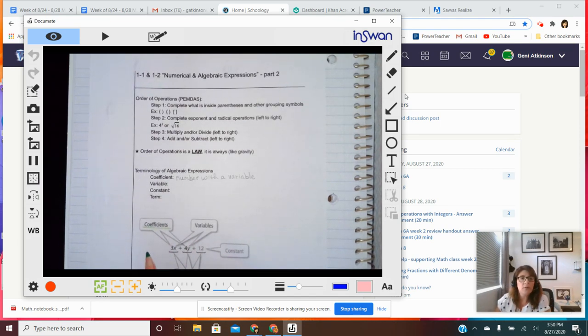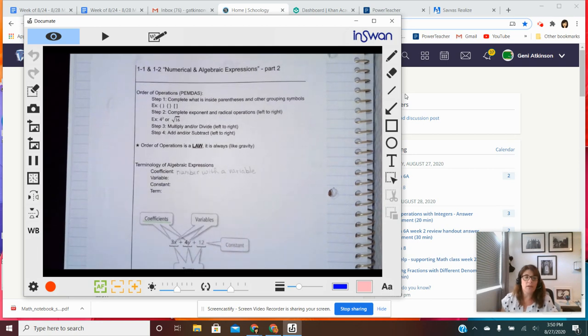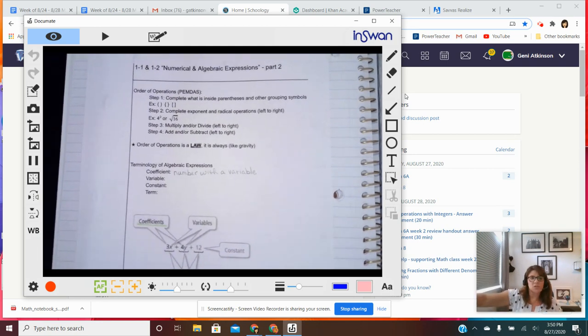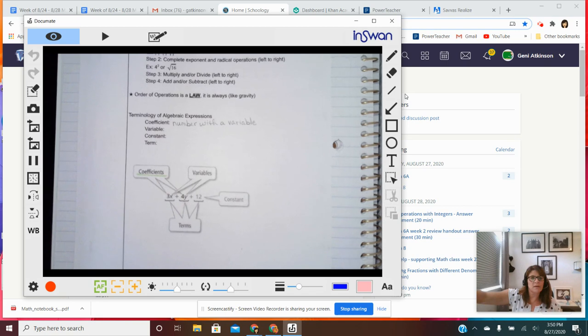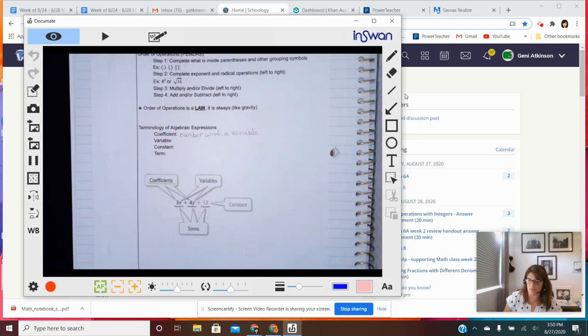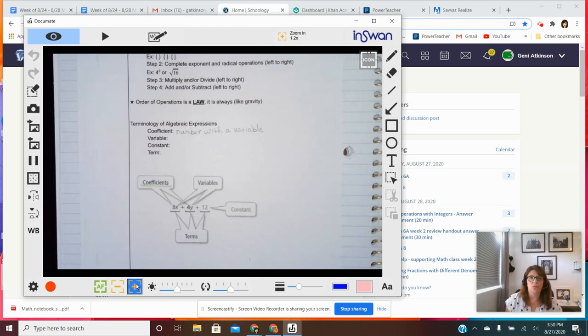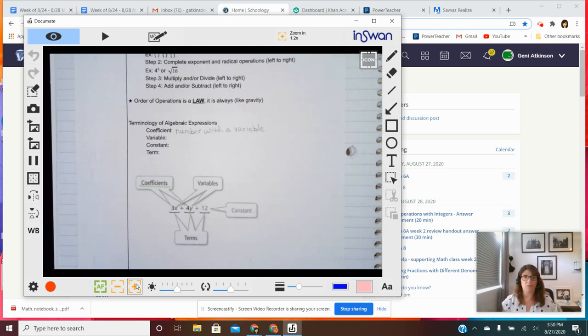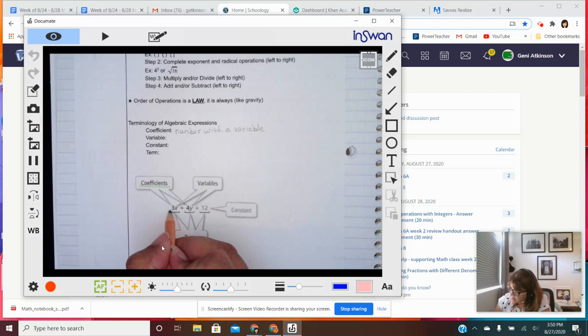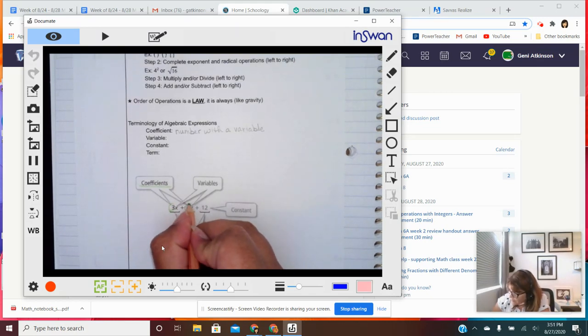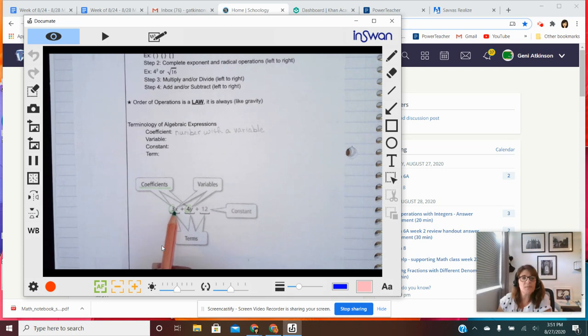I'm going to scoot this down and make it bigger for you. This is a new document camera for me. So the coefficients here would be 3 and 4. These are saying 3 times x, 4 times x, but the numbers 3 and 4 are coefficients.